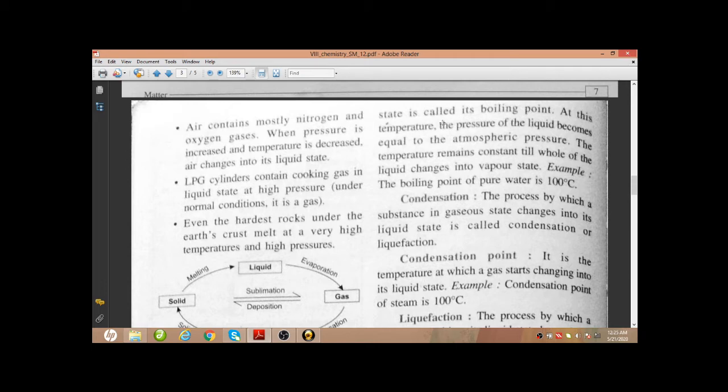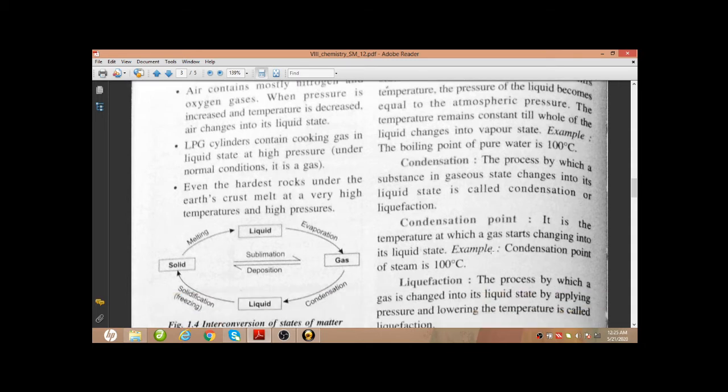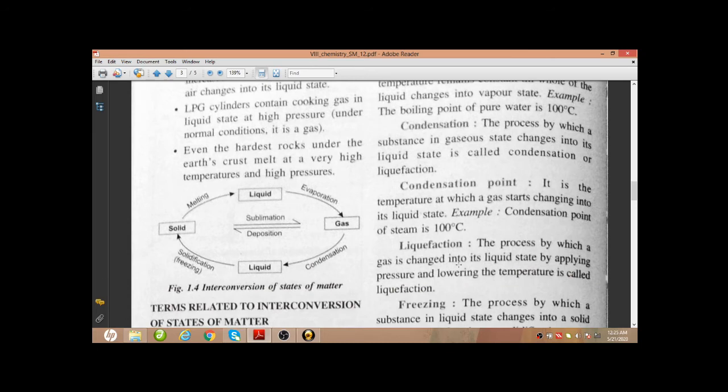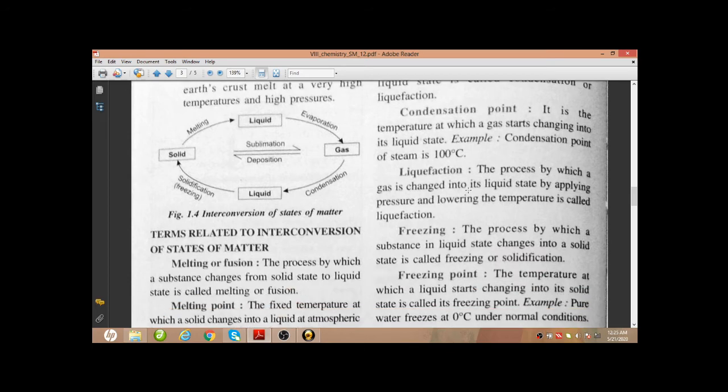At boiling point, the pressure of the liquid becomes equal to the atmospheric pressure. For condensation we have the condensation point. It is the temperature at which a gas starts changing into its liquid state.